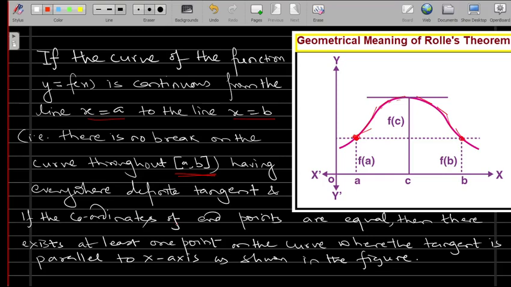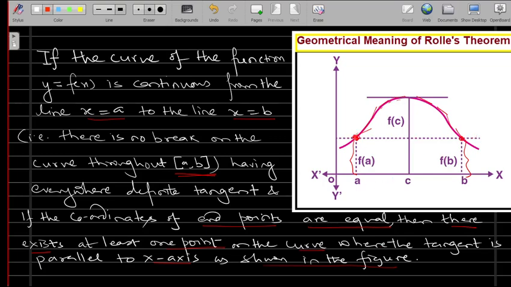And if the y coordinates of the end points are equal, you know these are equal, then there exists at least one point on the curve where the tangent is parallel to the x-axis, as shown in the figure. So everywhere you can draw the tangent throughout this curve.